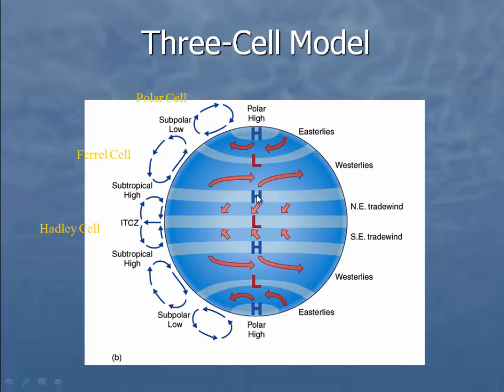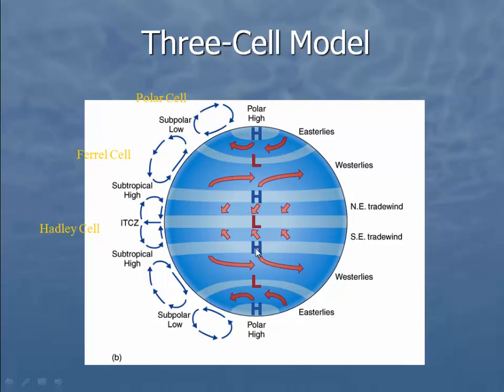Air would accelerate from high to low, from the pressure gradient force. It would then be deflected to the right of motion. So again, stand on the high, face towards the low. As we begin to move towards the low pressure system, we are deflected to the right. So that's not to the left, right? Stand on the high, face towards the low, and then go to the right. So that results in sort of an easterly wind direction.